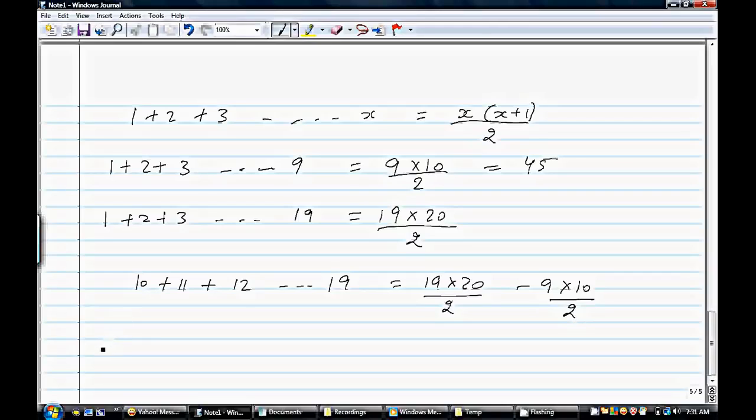For example, if I have x plus x plus 1 plus x plus 2 and it goes to y, then all I have to do is first add numbers from 1 to y. That will be y into y plus 1 divided by 2 minus numbers from 1 to x minus 1.